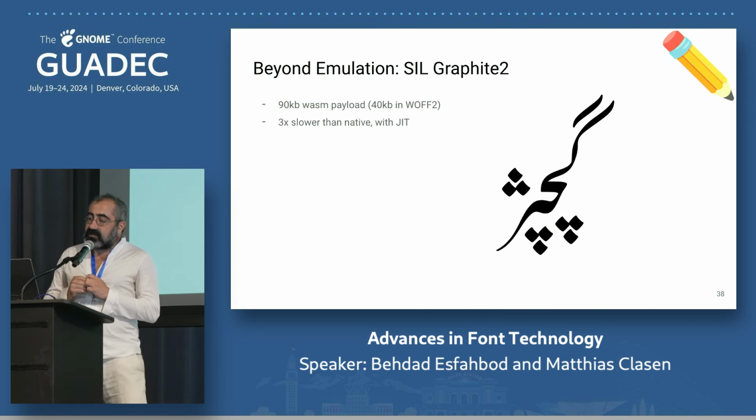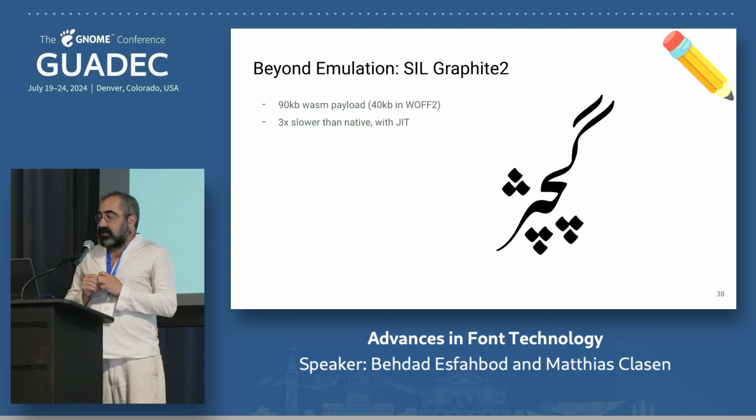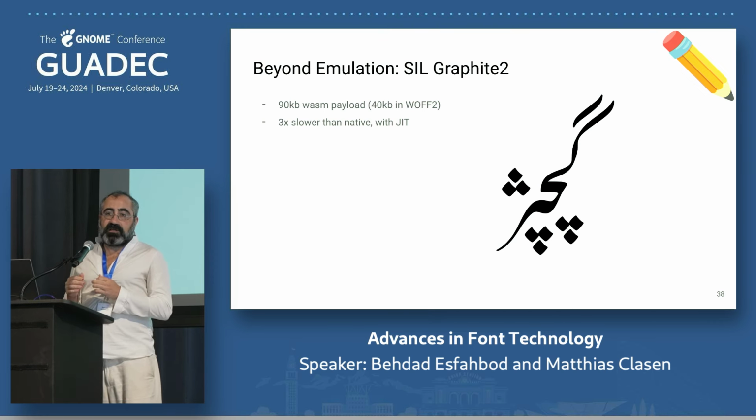So I have a bunch of demos I will quickly go through and then pass it to Matthias. So this is the SIL Graphite demo. So Graphite 2 is an alternative shaping engine other than OpenType layout that the SIL International designed in early 2000s. The problem is it's not shipped everywhere, so it's shipped by Firefox and LibreOffice. So when they build fonts that work against the shaping engine, they only work on certain platforms.